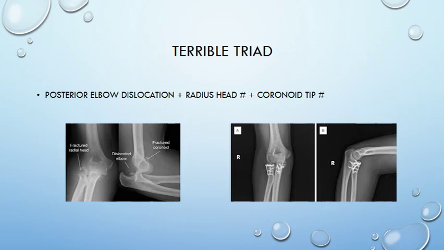The terrible triad. What is it? It is a combination of 3 different injuries around the elbow. Firstly, a posterior elbow dislocation, accompanied with a radius head fracture, as well as a coronoid tip fracture, where the olecranon moves posteriorly and the coronoid tip is fractured.